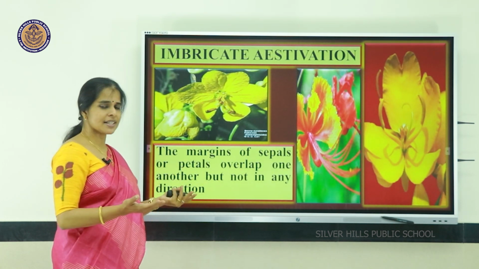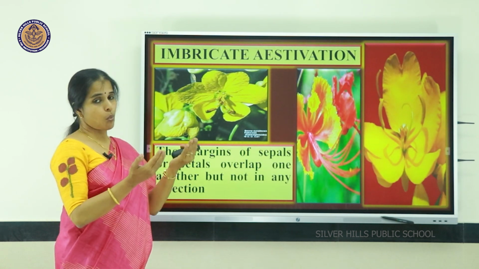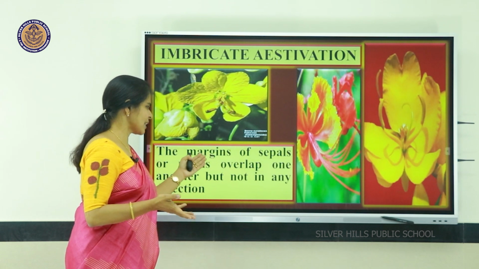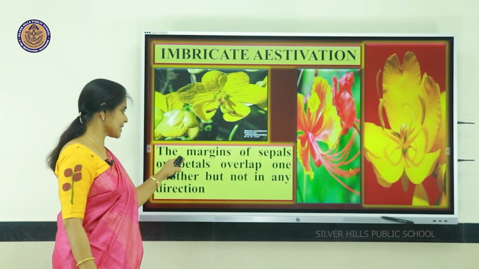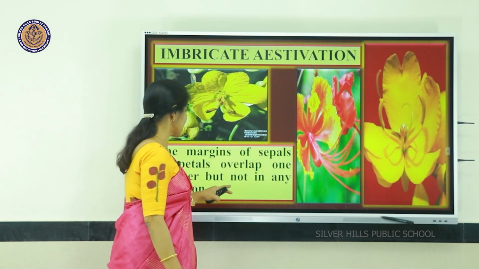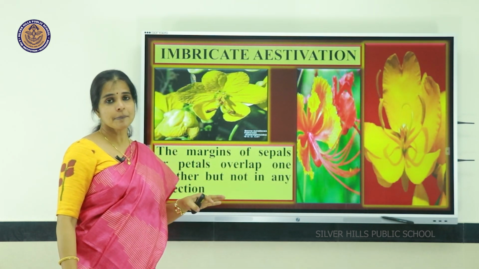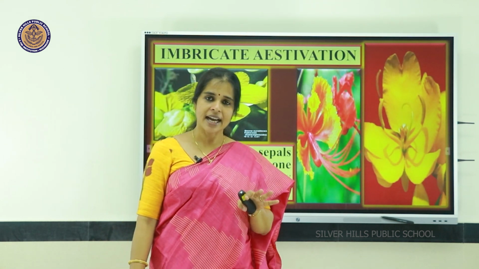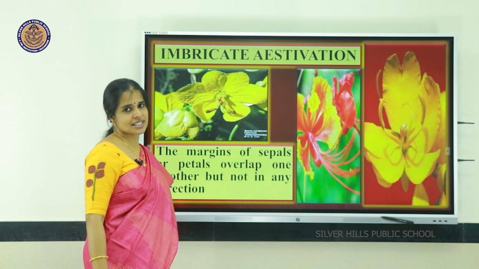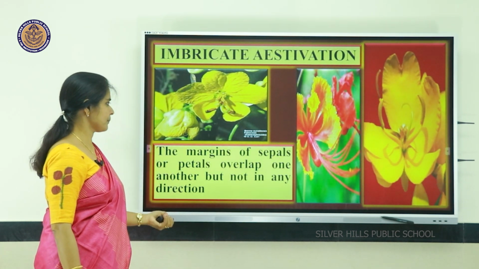Overlapping is there for sepals and petals, but one will be fully overlapped, one will be fully out. So, there is no particular arrangement; every petal and sepal is overlapped, but not in any particular direction. When that arrangement of the petals or sepals takes place, it is known as imbricate aestivation.